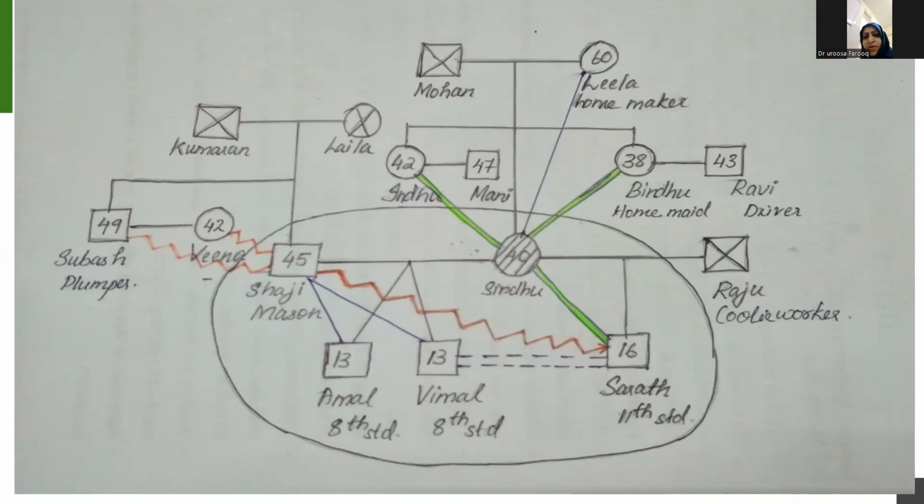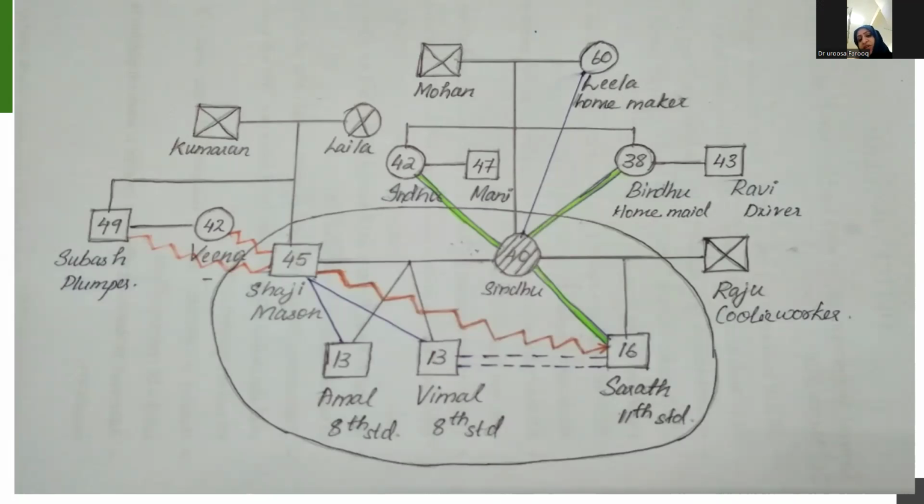Basically, I have learned this. I have done a postgraduate diploma in family medicine at CMC Bangalore. Whenever I write a patient history, there is one page on which we need to show the family of a patient.